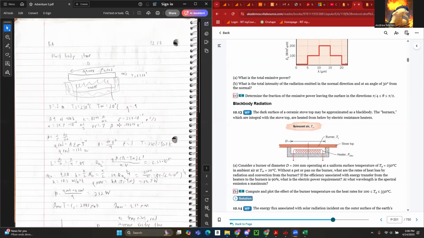Area in this instance, since it is circular, is just pi r squared or 1/4 pi d squared. Since this is a black body, emissivity is equal to 1, and 250 degrees C is equal to 523 Kelvin. Plugging all this into the equation, we get a heat flow out of the stovetop due to radiation of 133 watts.